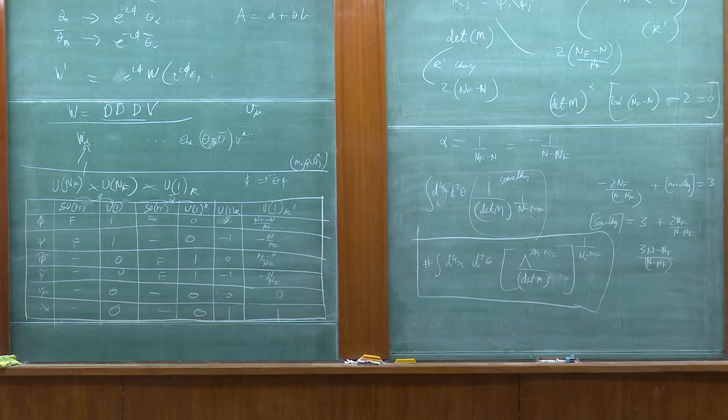Superpotentials are d2 theta times a function of chiral fields. It would not be supersymmetric if you added an anti-chiral field. It's just supersymmetry. Supersymmetry tells you that there are some terms that are supersymmetric that are integrals over half of superspace. Those terms can only be functions of chiral fields, therefore holomorphic in field space.